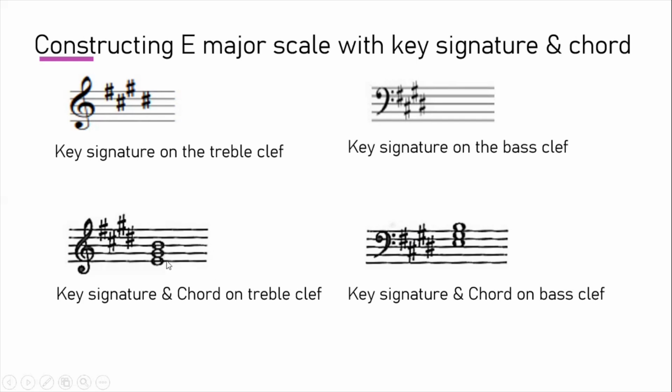That's our treble clef with a chord, and the chord there is E, G sharp, and B, as well as the bass clef. The same thing we have there, and that is the chord there.